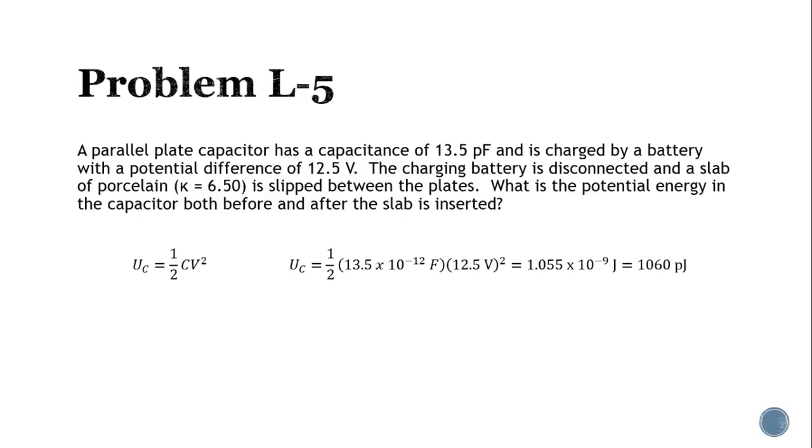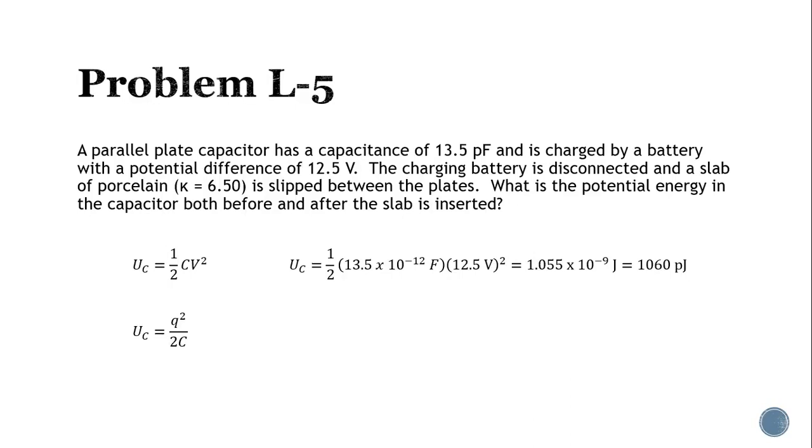So we can actually calculate the initial potential energy of the capacitor, which is, well, 1060 picojoules, or times 10 to the negative 12th. We could also say 1.055 nanojoules, I guess, if you wanted to. Now what we can do is figure out the charge that's stored on the capacitor, because guess what?